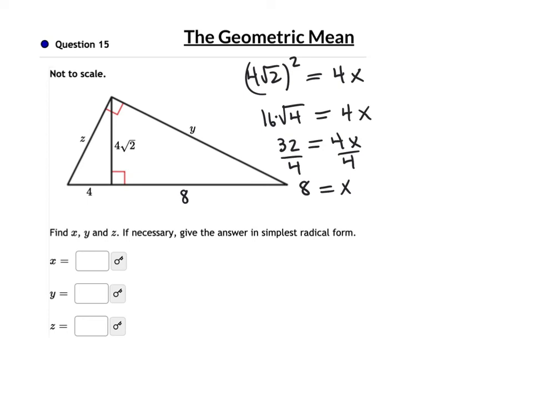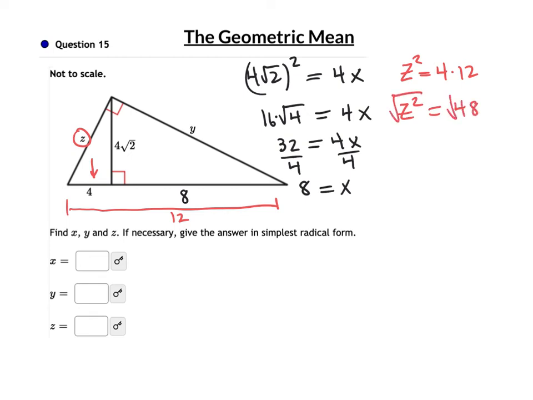Let's start with z. The leg squared, z squared, equals the piece on its side, which is 4, times that whole hypotenuse, which was 4 plus 8, 12. Z squared equals 48. Hey, we just did this on a previous page.